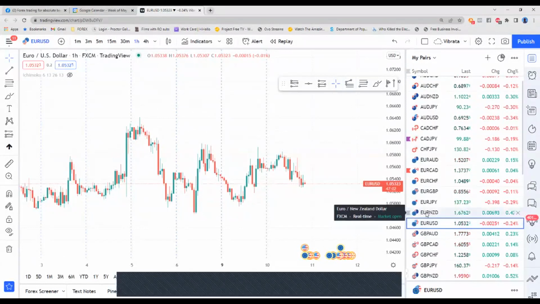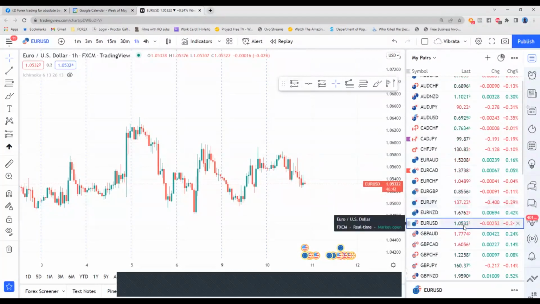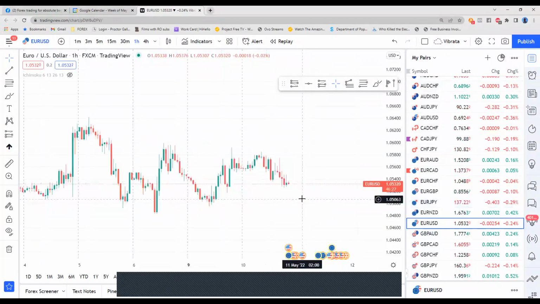You'll notice, as I said, that every single currency pair has 5 numbers after the decimal point, except currency pairs traded against the Japanese yen, in which case there are only 3 numbers behind the decimal point. In order to make it easier for you to identify the pipettes, you'll notice that the last digit is smaller than the rest. And this is designed to help us as traders calculate more easily.